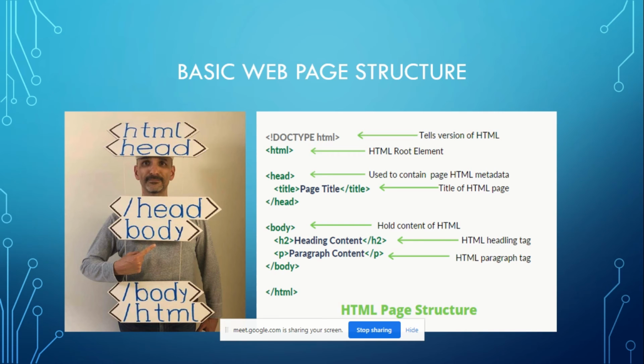Therefore, in between the opening body tag and the closing body tag, you can include anything. That is, the elements that we've talked about. It could be a heading, a paragraph, an image, a list, a table, etc. After that, you close with the closing HTML tag, and then you save your file using .html or .htm.